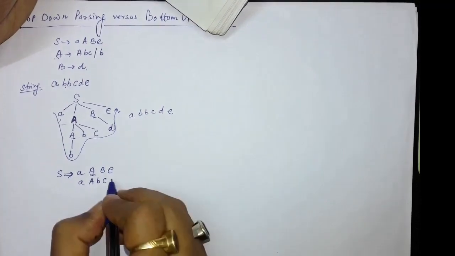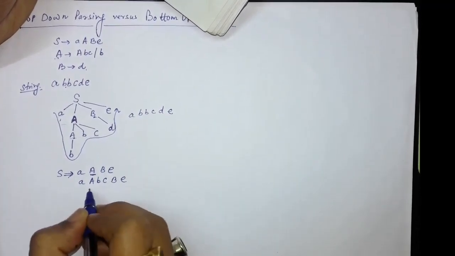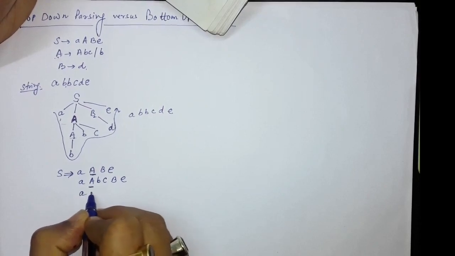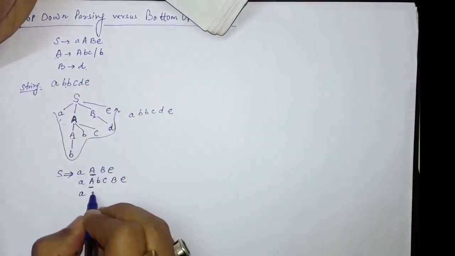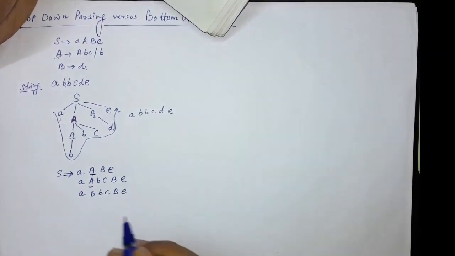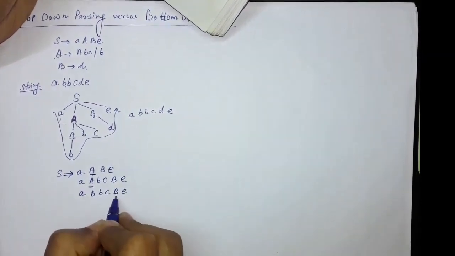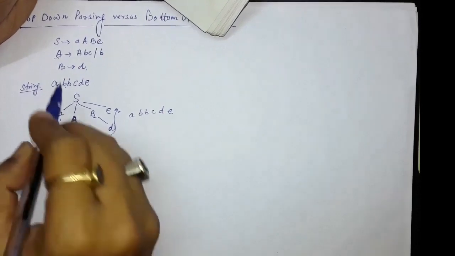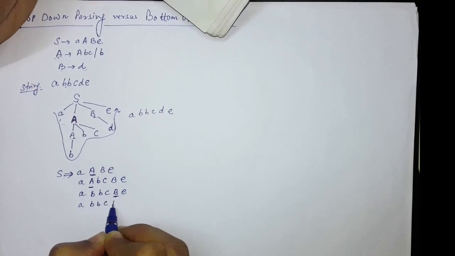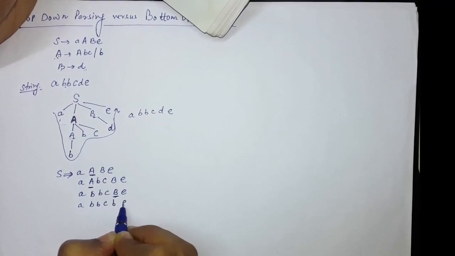So this was the symbol that we have taken for resolution. And in the next step we have taken this symbol to replace it with A produces b. Okay, and then we have taken this B symbol to resolve it by B produces d. So a, b, c, d, and e.